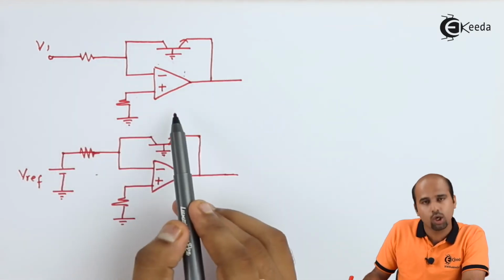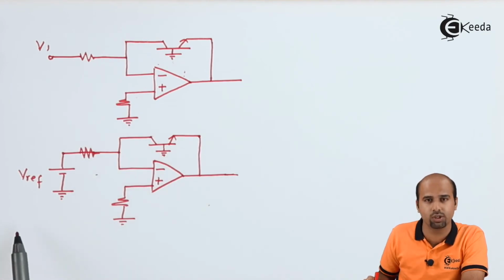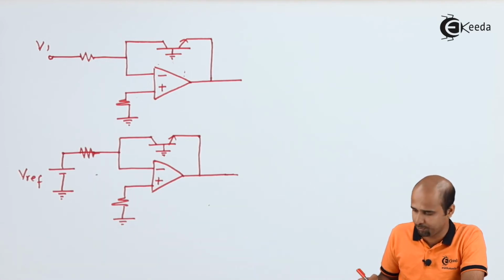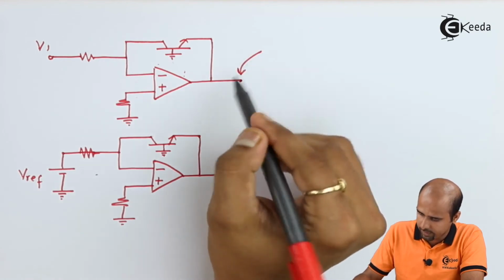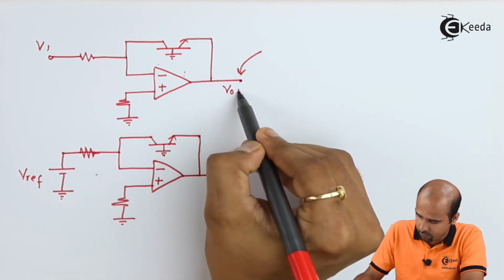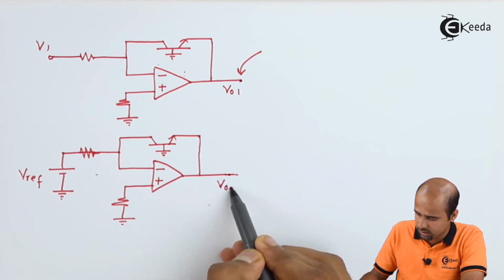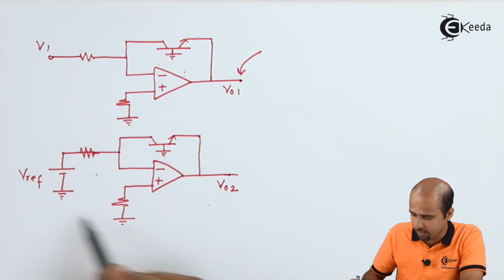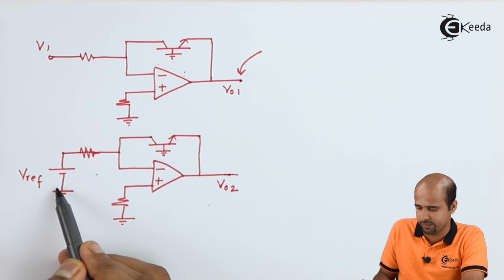This is our log amplifier, and this is the extra structure to avoid that mess with Is dependency on temperature. The value here that we will be getting is, let's say, VO1, and the value over here is VO2. Within a short span of time you will get to know why I am adding this extra circuit with input as V reference.